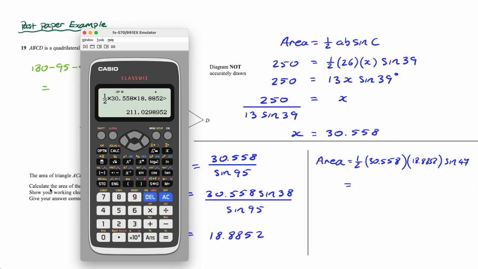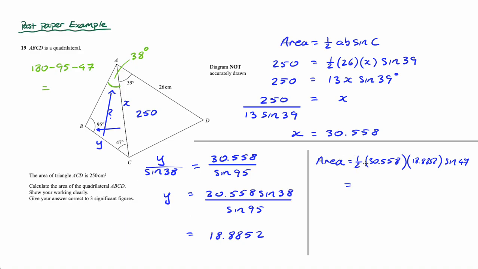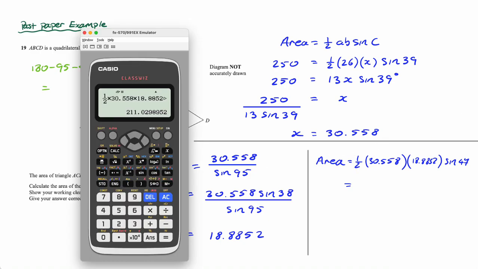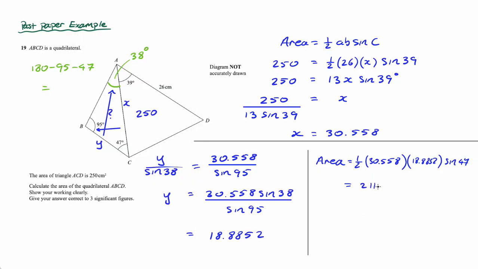Now, actually, guys, it says 3 significant figures. So what I like to do is I'll put the whole thing down to more than 3 significant figures, 211.03, and then say that's approximately equal to 211. Okay, that's the past paper example, guys.